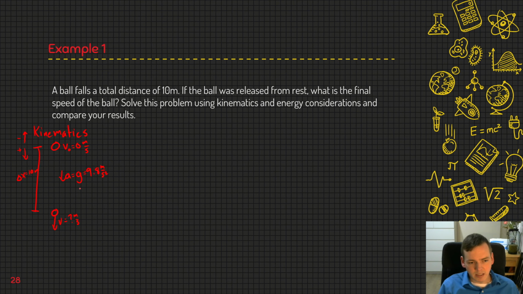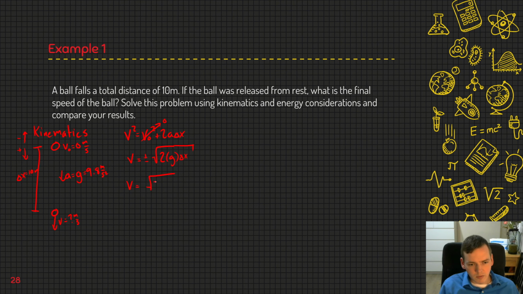So if I have delta x, g, and the v's, I know I want to use this equation here. V squared equals v naught squared plus 2a delta x. So v is equal to plus or minus the square root of, and v naught squared is 0, so plus or minus the square root of 2 g delta x. But we know it's going to be positive because it's going to be pointed downwards, so I can go straight to just the positive.